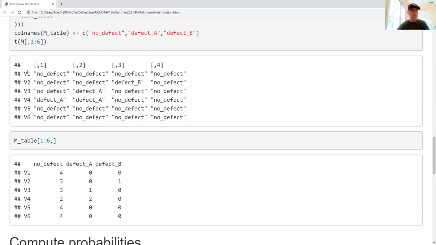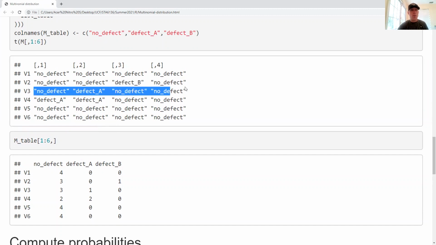All right, so in this situation, I looked at the first box and no defect, no defect, no defect, no defect. That's a good box. Now, in the second box I looked at, no defect, no defect. The third item I picked up and looked at had defect B, and then no defect.